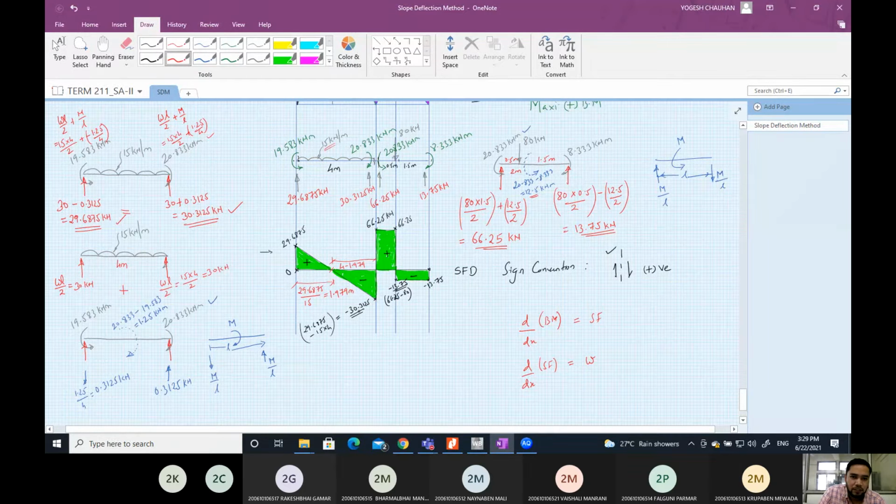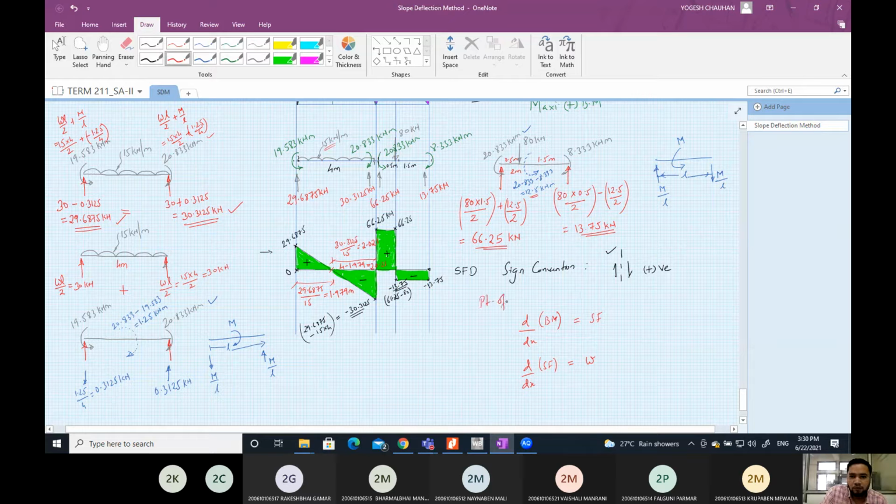Here it is 30.3125, so 30.3125 divided by 15, you will get the same value. You can verify that. It will be 2.021, and if you do this way, this will also give you 4 minus 1.979. Okay, so you have the value of the point of zero shear.